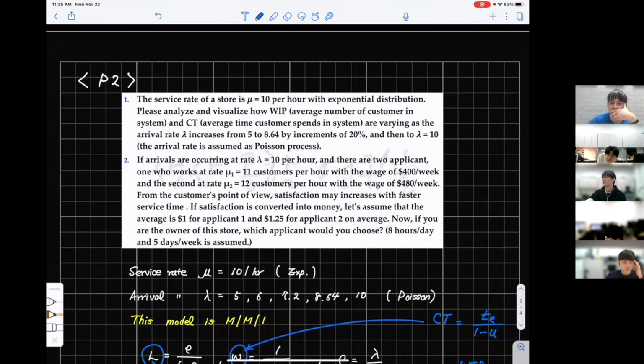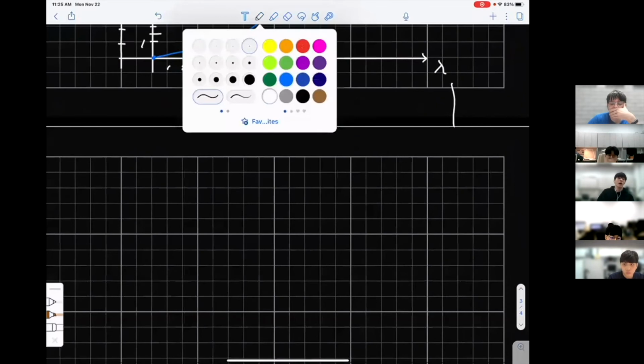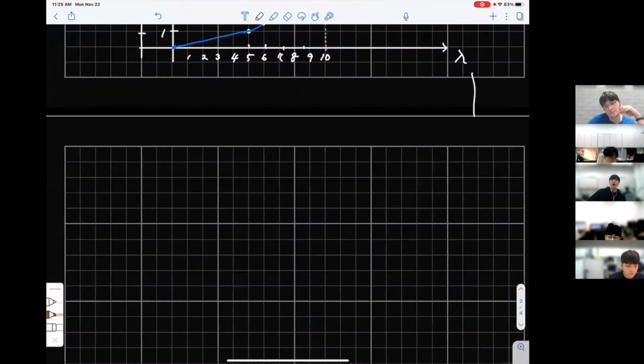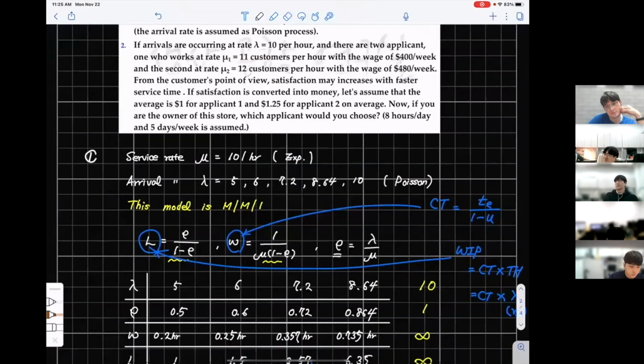This is very simple. There is no need to use queuing theory. So if we calculate the applicants, this is the one.